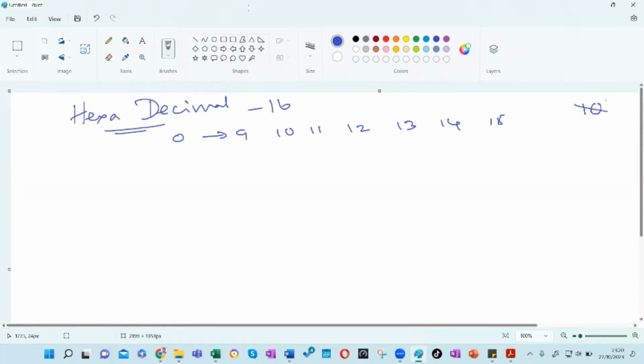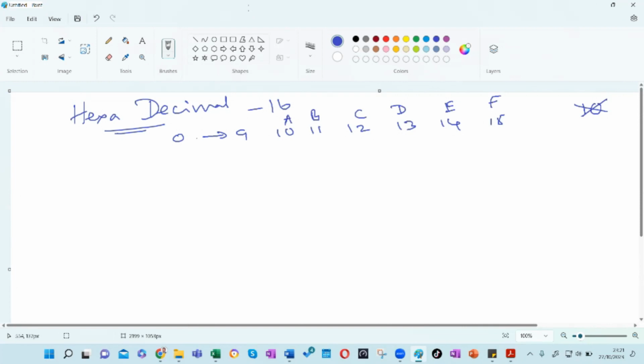So to avoid that confusion, they have put alphabetical letters to these numbers. So 10 is A, this is B, C, D, E, and F. So the numbers in hexadecimal range from 0 to F.